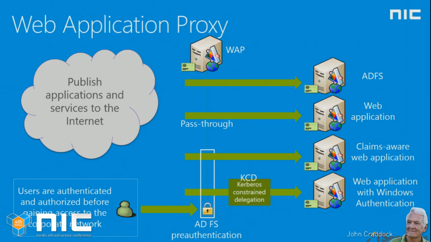In terms of the Web Application Proxy, we sort of discussed this earlier. It sits here, and it acts as a proxy to the ADFS server, but it also allows you to publish out through it. And if you remember, I mentioned that you can publish with pass-through, so we can go straight to a web app, or we can do authentication at the edge. And that authentication at the edge, so you don't even get through the proxy until you've authenticated.